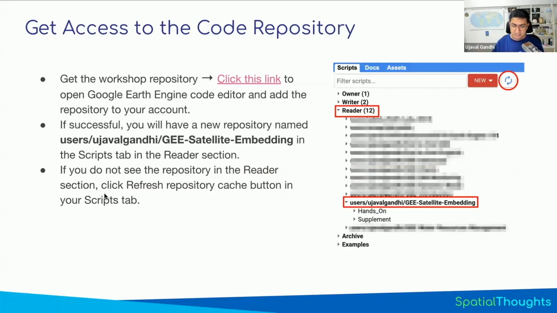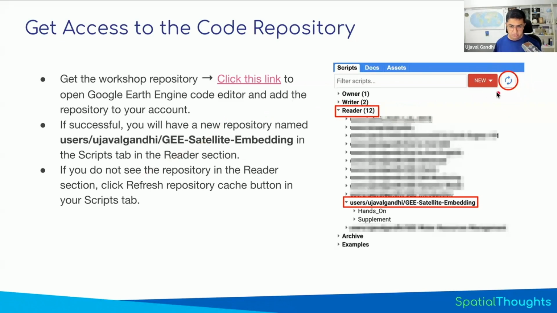Once you add it, you should see a new repository called users/ujjalgandhi/ge/satellite-embedding. This has all the code for the examples that we're going to cover, along with some supplementary materials. Just a note: if you add it and you do not see this repository, there is a refresh button in your scripts tab.